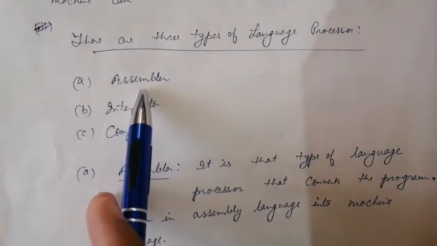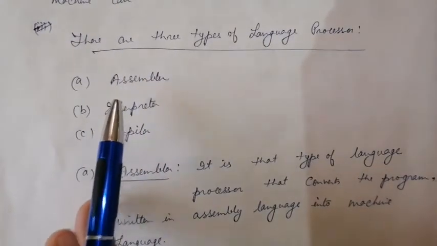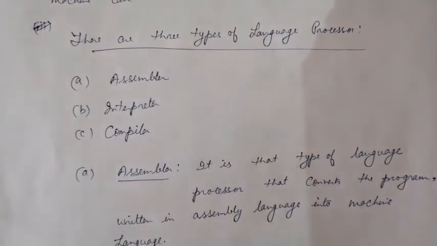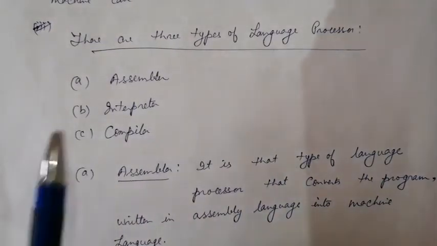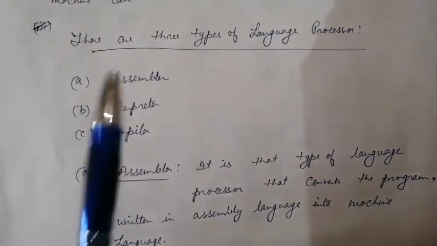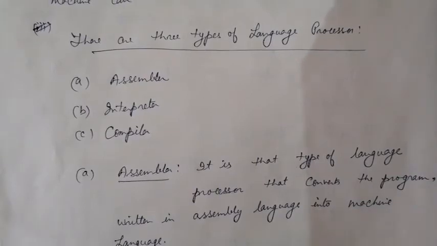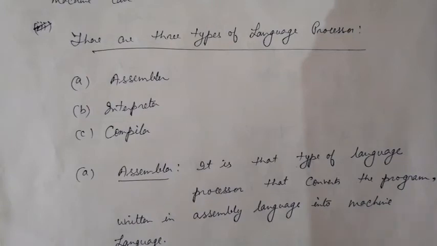Language processors convert high level language into machine language, and an assembler converts assembly language into machine language. Assembly language is itself considered a low level language because it is different from other high level languages. What is the difference between high level language and low level language? Low level language is near to machine language. And high level language is those languages which we can read and understand, like print, which is for printing purpose.